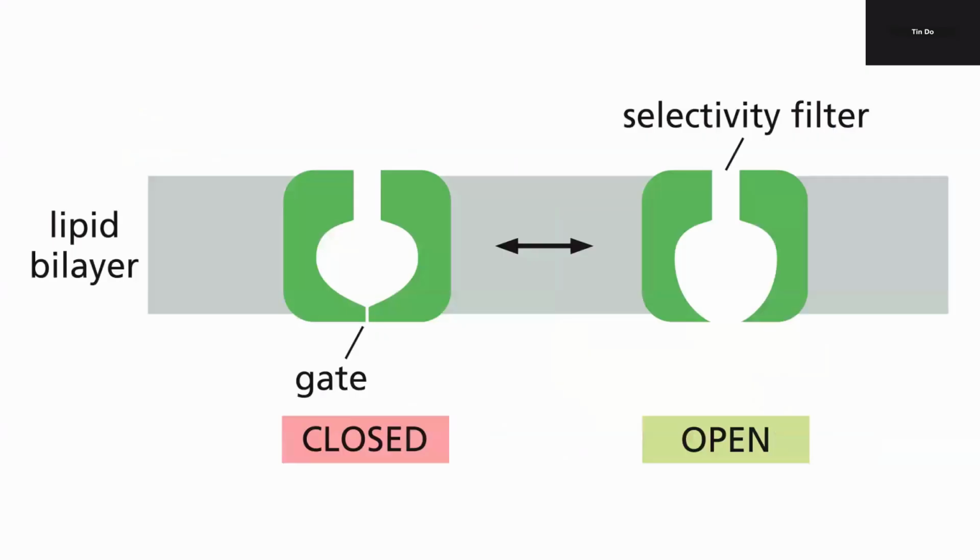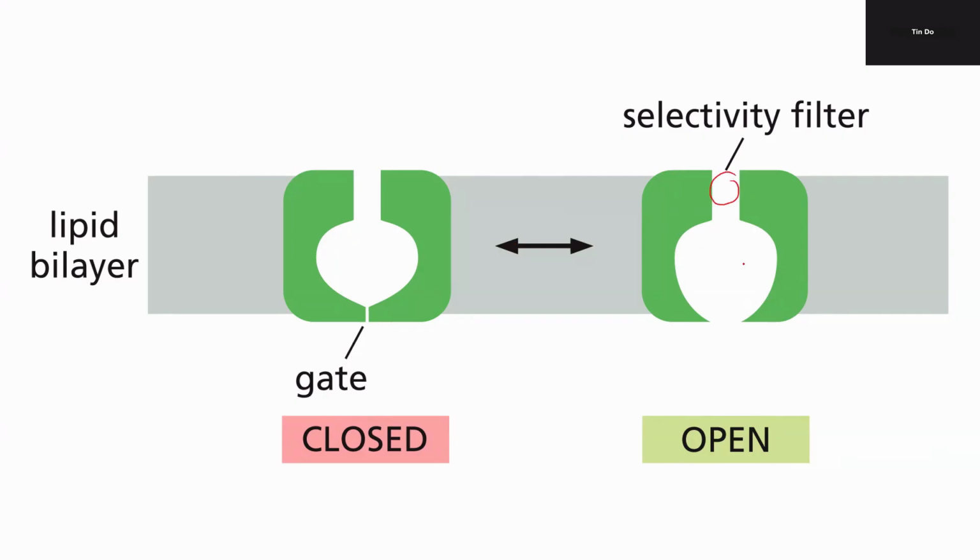Now, on the same lipid membrane, there's going to be a lot of different types of gates. They're going to be very selective. These are examples of ion gates where, depending on what ion is being transported through, sodium or potassium, it will pick and choose what it wants. Some gates are only specific to sodium. Other gates are specific to potassium, and they might have an obstacle in front right here.